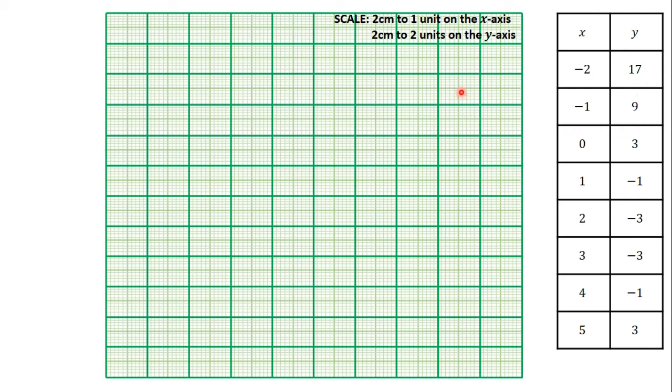Then you choose the x and y axis in such a way that you can plot all those points on the graph sheet. So that is what we are going to do here. Considering the set of x values that I have, I'll choose this vertical major grid line as my y-axis. And considering the set of y values that I have, I'll choose this horizontal major grid line as my x-axis.